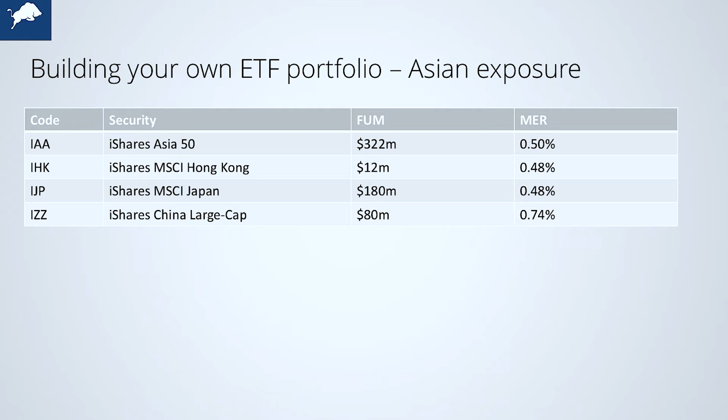Now, there's a lot of region-specific ETFs in here. We have not specifically chosen to go China or Japan or Hong Kong. The one that we use internally is the iShares Asian 50 ETF. Basically, think of what you're buying into there. You've got things like Baidu and Tencent.